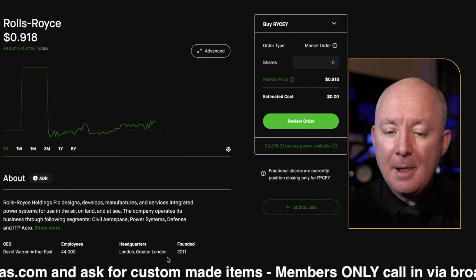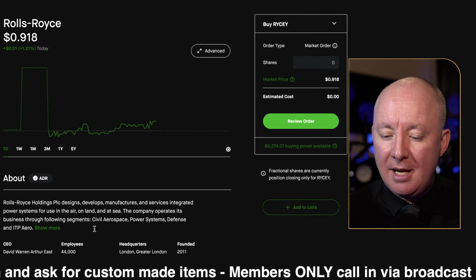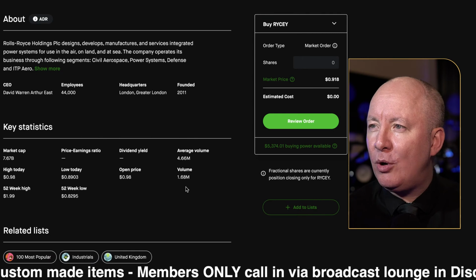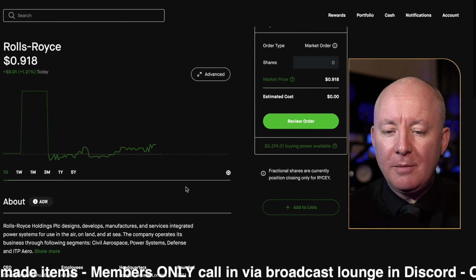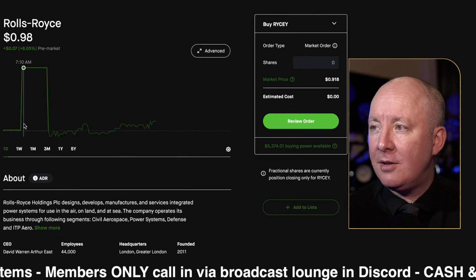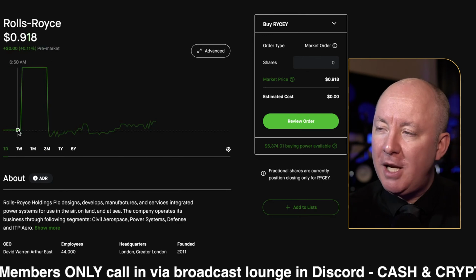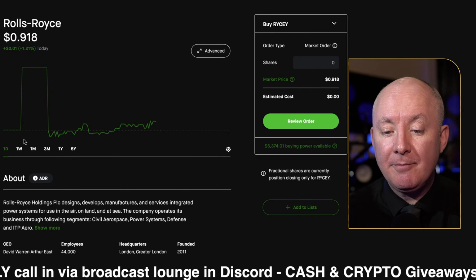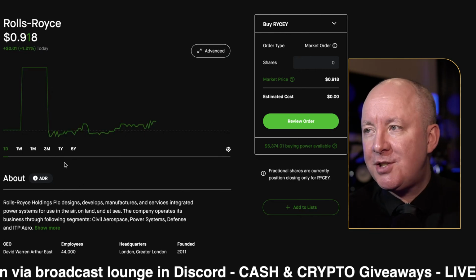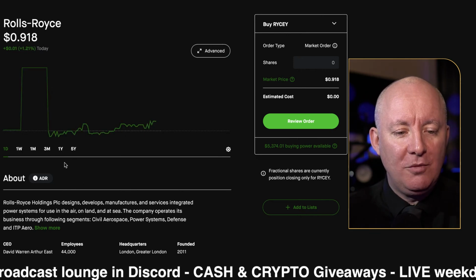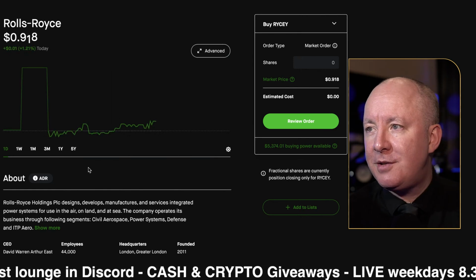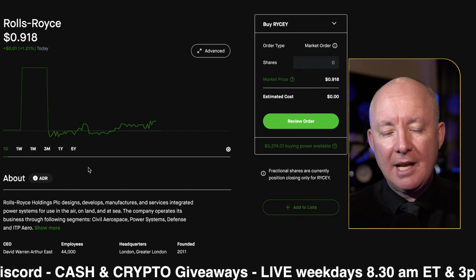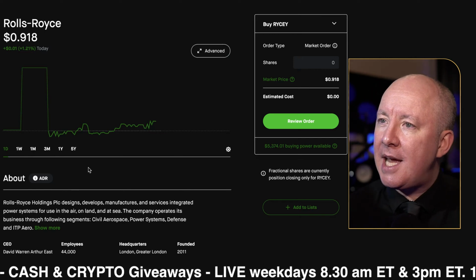Because you can see, with such big trades here, the average volume is 4.6. It only got 1.6 today. There's hardly any volume. There's not a lot of people buying the stock, but one or two people are doing all the action. And that concerns me. Because if one or two people, I'm just generalizing, I know not one or two people own the stock, but if one or two people own all the stock, like Bitcoin, like Michael Saylor, the whole lot can go down in a second.